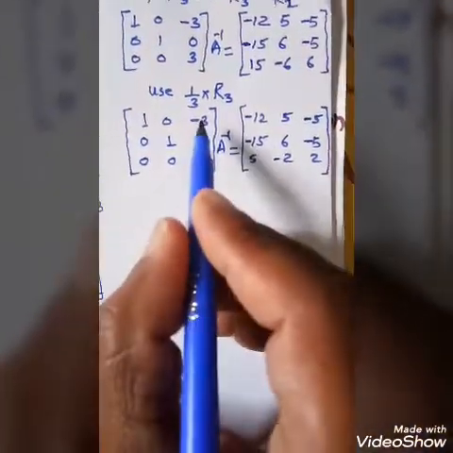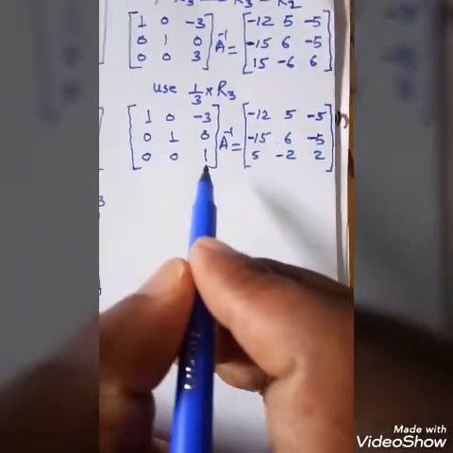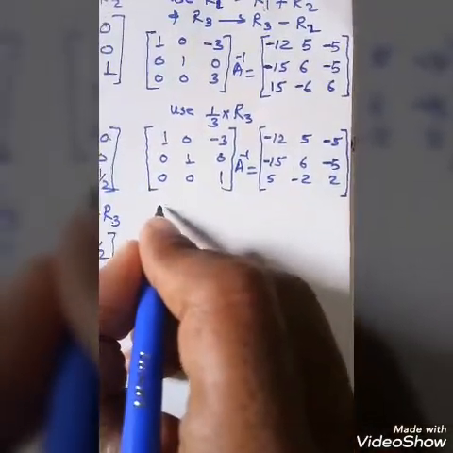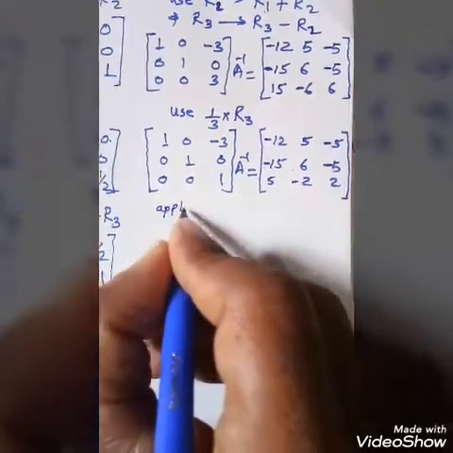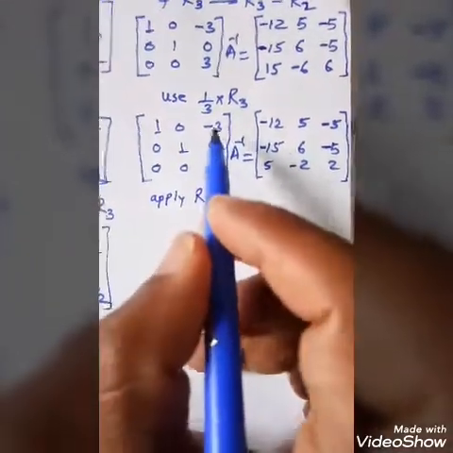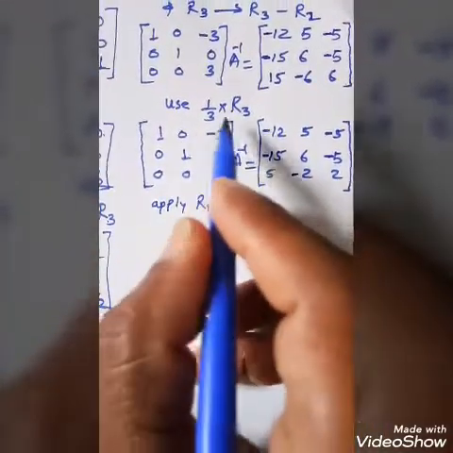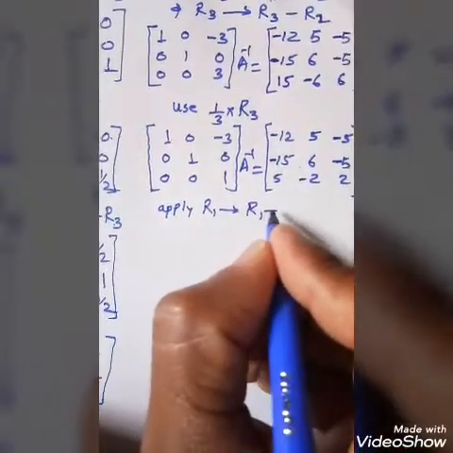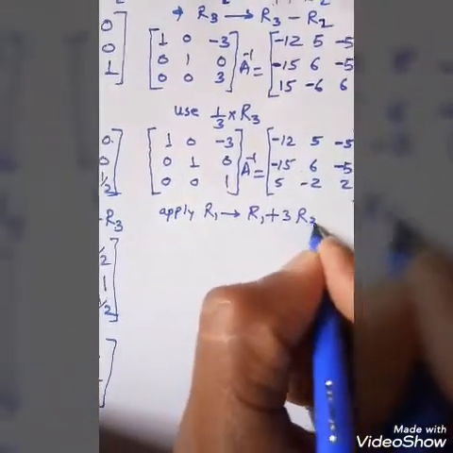Now convert lastly the remaining element, minus 3, into 0. The element is in the first row, so the operation is on row first, and this operation is done with third row: R1 plus 3 R3.